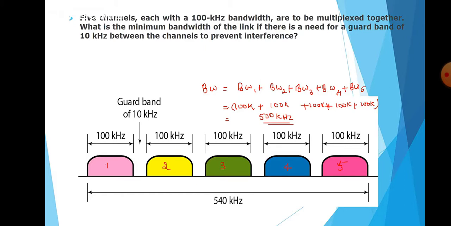The guard band between the first two channels is 10, then once again 10, 10, and the last between the fourth and fifth channel is also 10. So 10 into 4 is equal to 40 kilohertz. Therefore the total bandwidth is equal to 540 kilohertz.